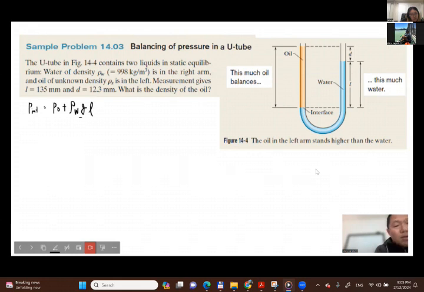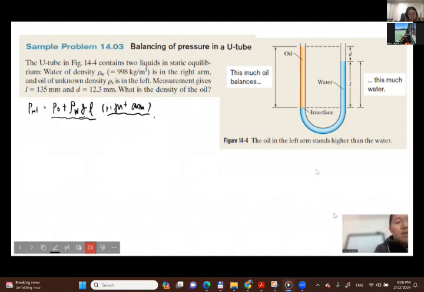Here g is the gravitational acceleration constant. This is the right arm of the tube, filled with water. So the pressure on that side should be expressed with this formula.